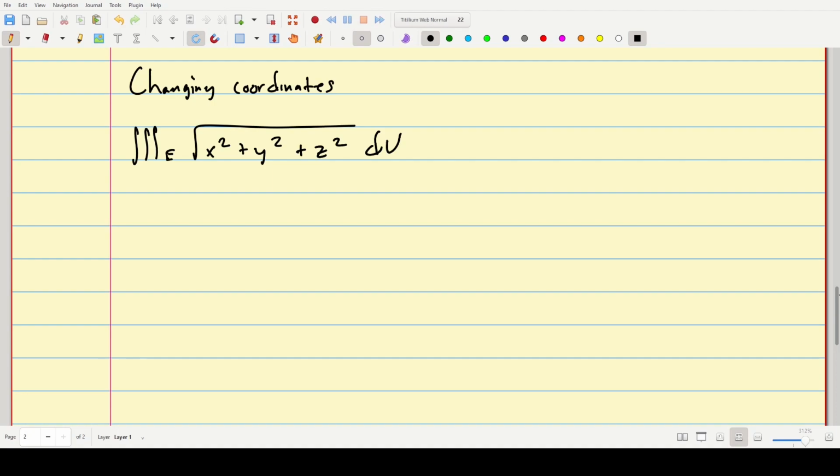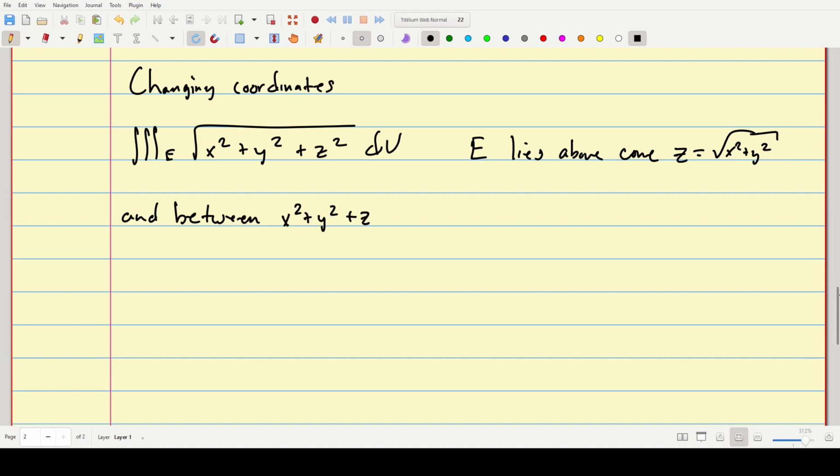We're integrating over a volume, for the region that lies above the cone z equals the square root of x squared plus y squared, and between these two spheres. Okay, so we want to get all this set up here.